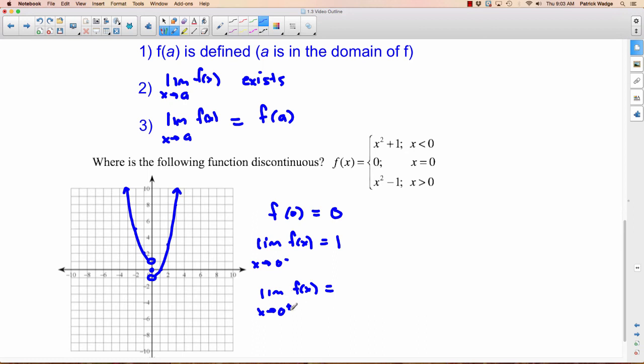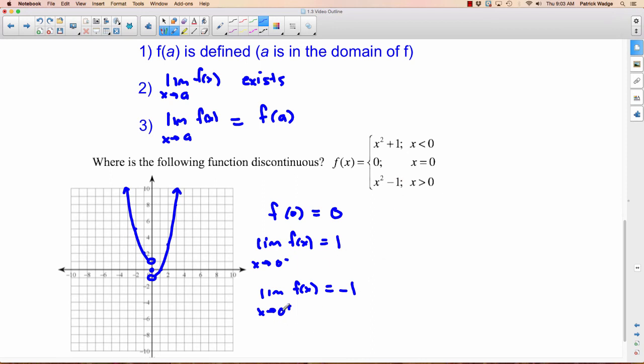Okay, the right-hand limit as we approach 0. So we're sliding along this function, getting closer and closer to 0 from the right-hand side. Boy, it looks like we're getting very, very close to a y value of -1. Let's convince ourselves of that. If we're just a bit bigger than 0, we're looking at the bottom subfunction. So if we put 0 in there, we get 0 squared is 0, take away 1 is -1. So that worked too.